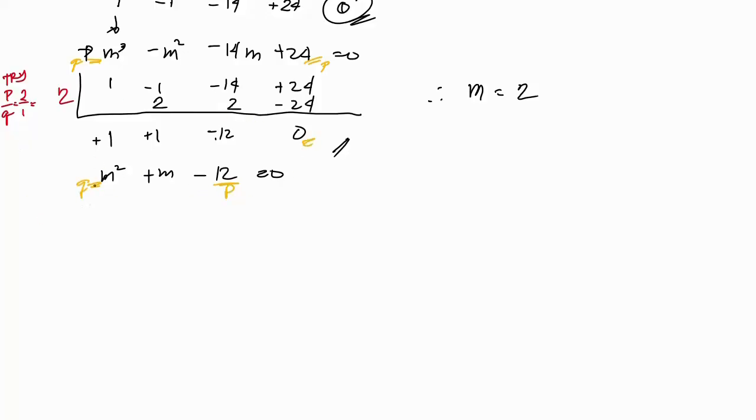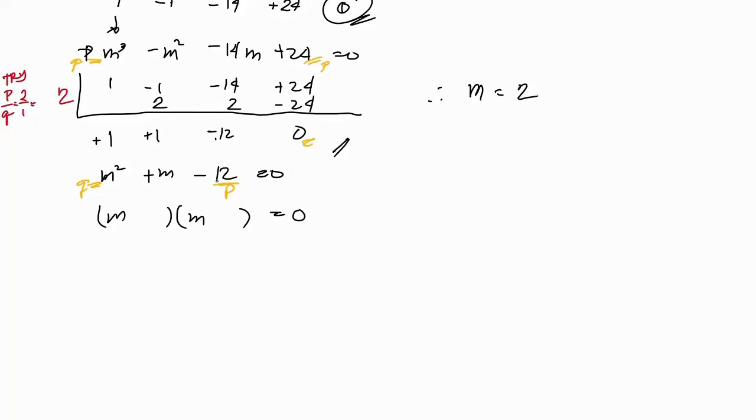But in this term, m squared plus m minus 12, we can easily use factoring. We need to think of two numbers that, when we multiply them, give negative 12, but when we add them, give positive 1.